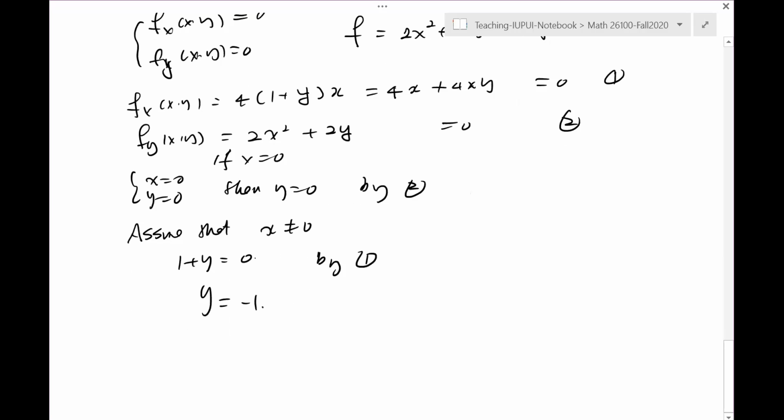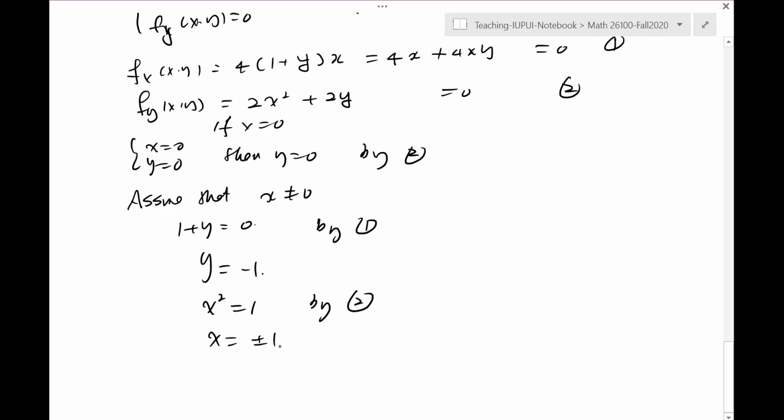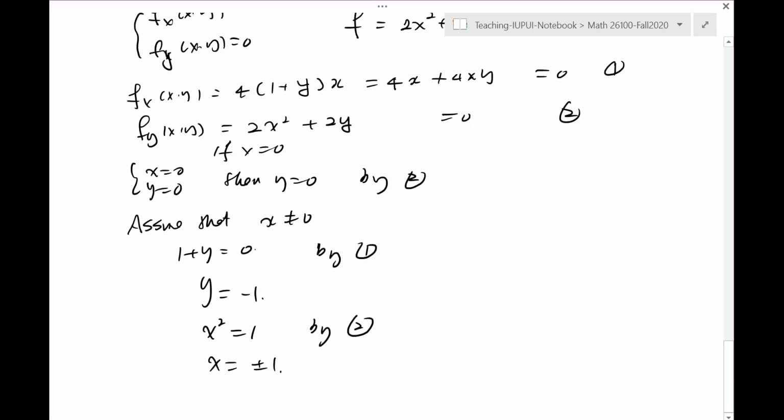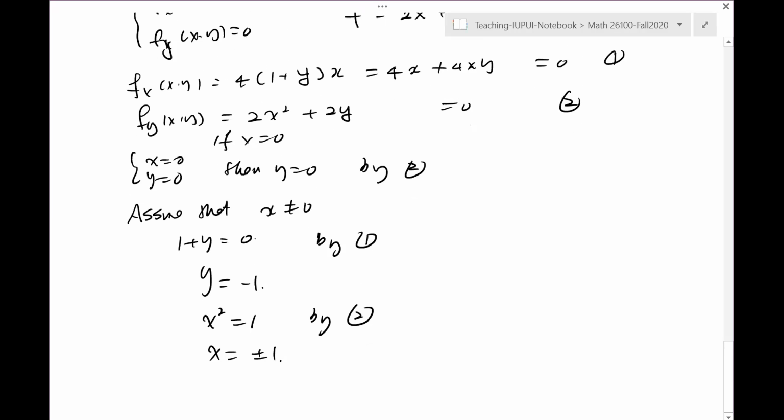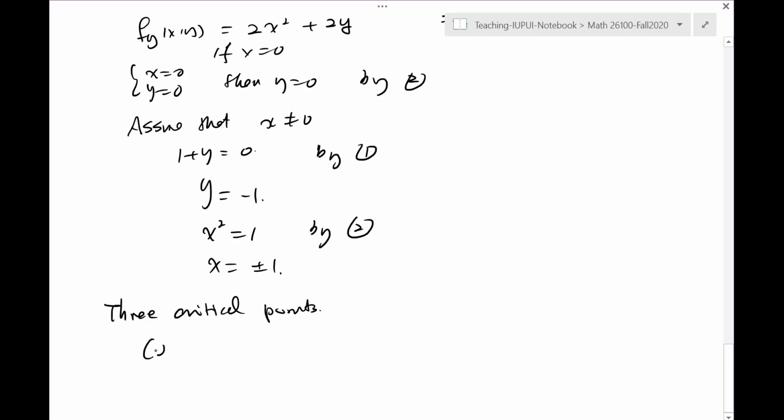Once y is -1, then x squared equals 1, by the second equation, because x squared plus -1 equals 0. So then you get x equals plus or minus 1. How many solutions are you going to get? You're going to get three critical points. Okay, 3 critical points: 0, 0.